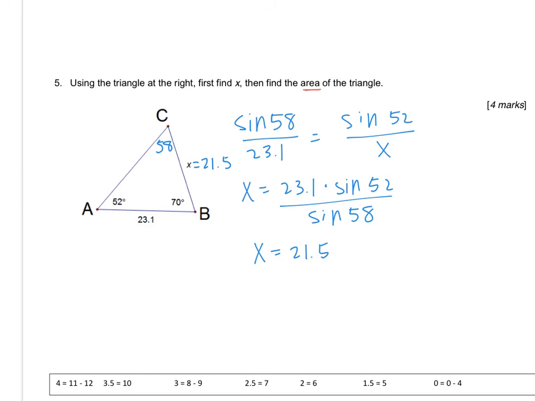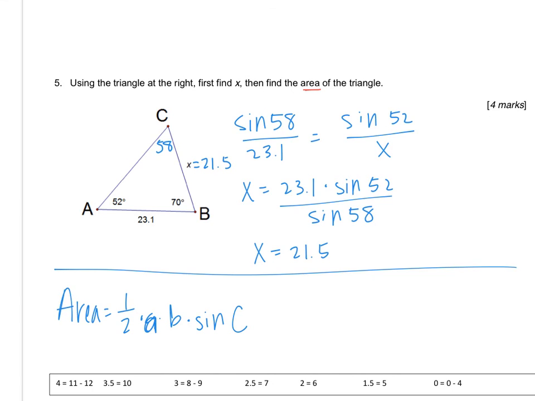And then the area formula. So we've got a couple different area formulas to choose from, but one needs all three sides, and we don't have all three sides. So I'm going to use that the area equals 1/2 times A times B times sine C. So the two sides I have are the 23.1 and the 21.5.